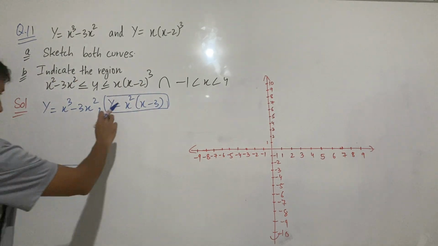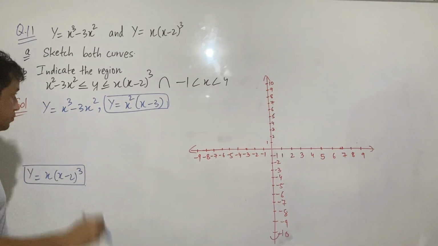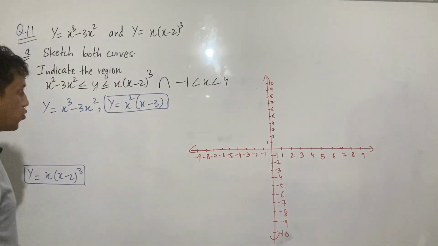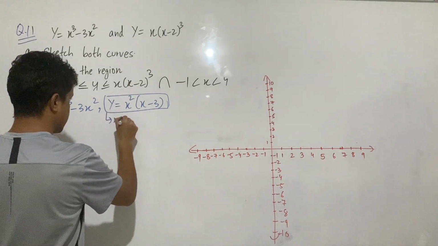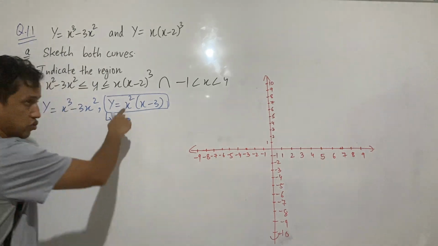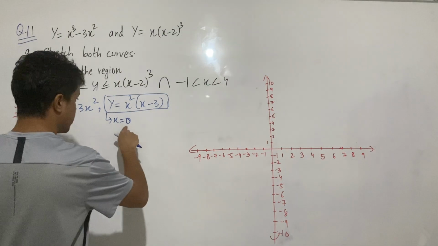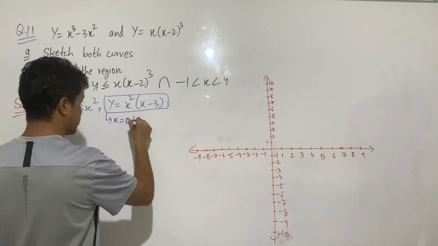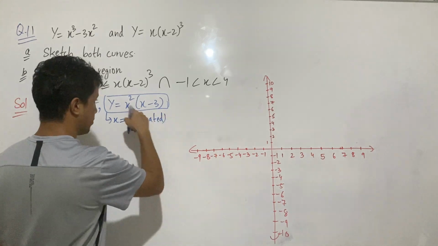Now if you see here, if y is equal to 0, it means that x is equal to 0, with multiplicity 2. I'm talking about the zeros of this polynomial. This is a cubic polynomial, so it's going to have 3 zeros. This one is repeated, and repeated means the multiplicity is 2.